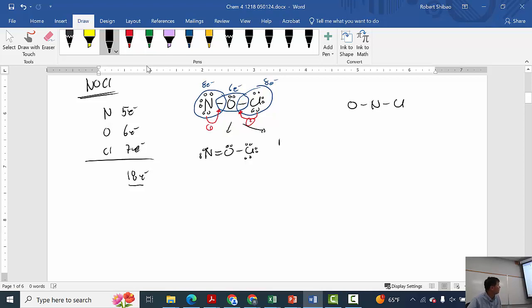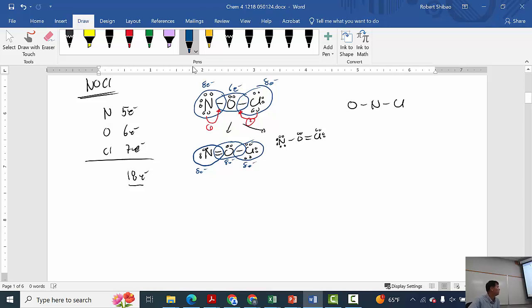So let's take a look at what that looks like. If I did it with chlorine, I'd have nitrogen with 3 lone pairs, single bonded to an oxygen with 1 lone pair, and then this would be double bonded to the chlorine. Either way is going to satisfy the octet rule because nitrogen now has 8 electrons, oxygen now has 8 electrons, and chlorine now has 8 electrons.